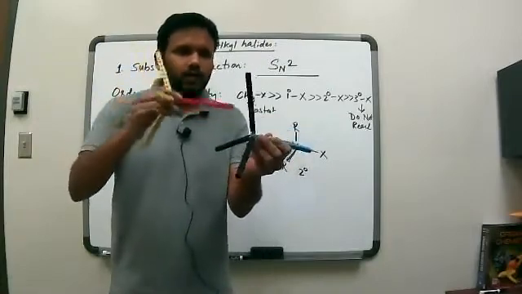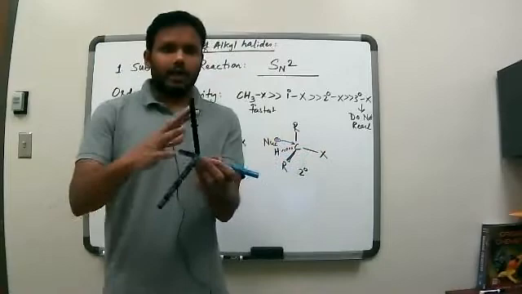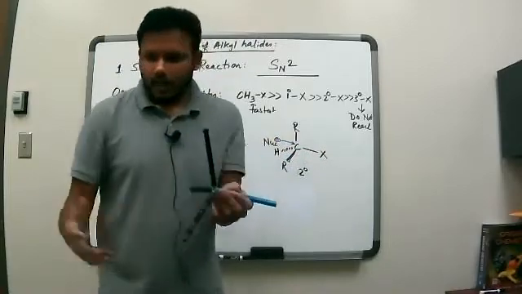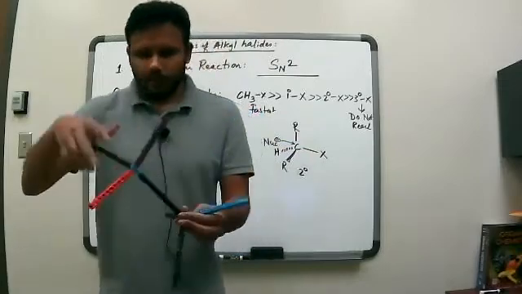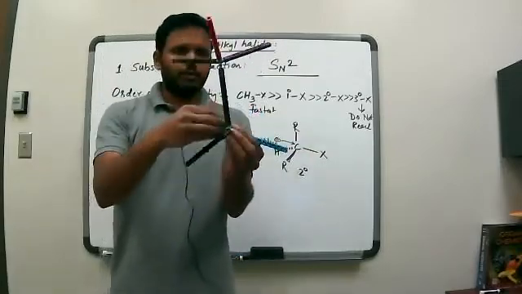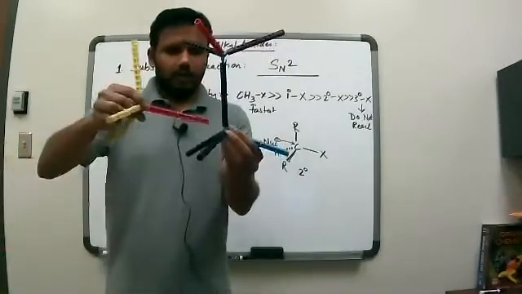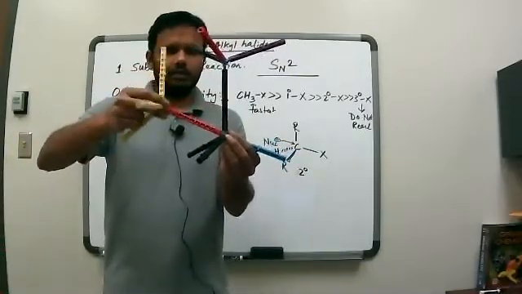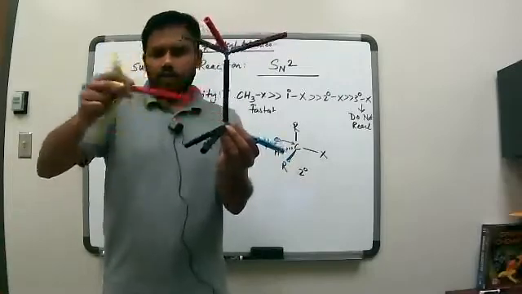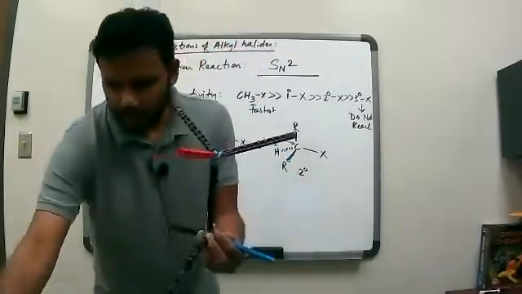So that's why methyl halides react the fastest. And as you start adding groups to this carbon, when it goes from a methyl to a primary, it's fine. There's still a lot of room for the attack to happen. There is one group over there, but that's fine.